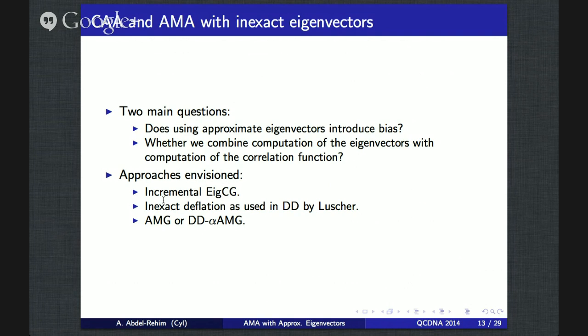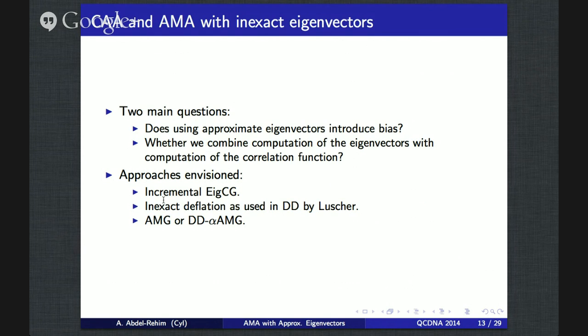And can one combine the computation of these eigenvectors with the computation of the correlation function? Because to calculate the correlation function you have to do inversions, and in all mode averaging, as it is described, you have to calculate these eigenvectors up front, and then use them to solve for the sources that you are using in your calculation.